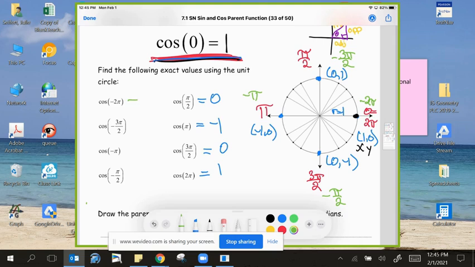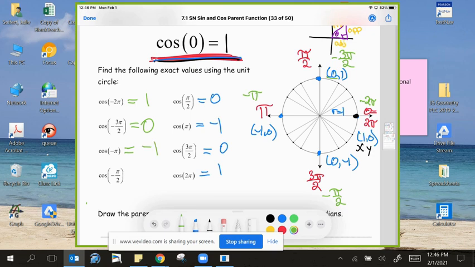Okay, so cosine negative 2 pi is the x value at that point. That's 1. What's cosine negative 3 pi over 2? It's the x value at that point. That's 0. Cosine of negative pi, use that x coordinate.